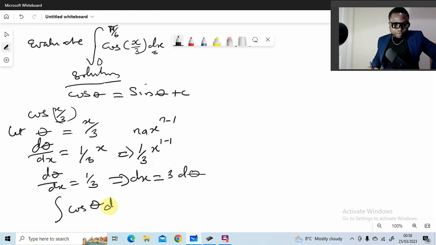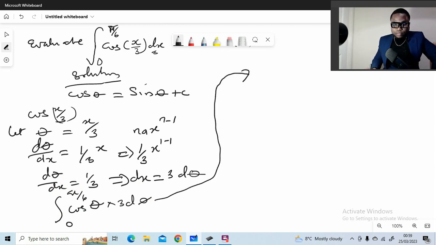That will give me cos theta times 3 d theta. Remember that we have pi over 6 here as the upper limit and 0 as the lower limit. So this is what I'm going to integrate now.